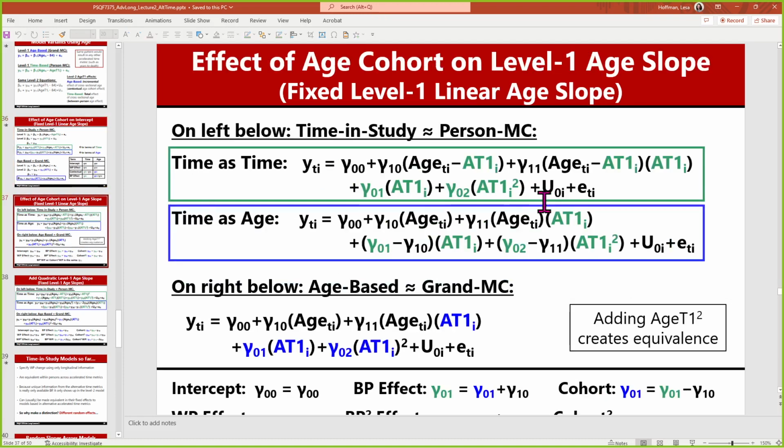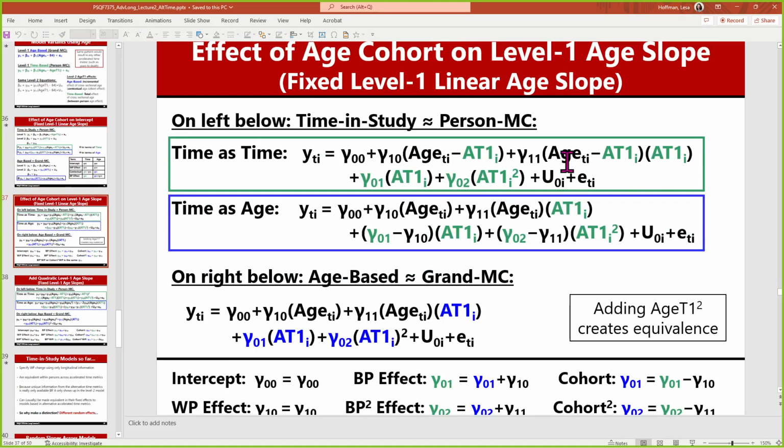But to be able to unsmush that interaction, to make sure that it's only the within slope that is being moderated by cohort, you need a quadratic main effect of cohort.